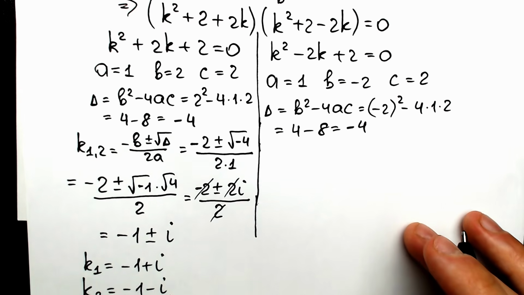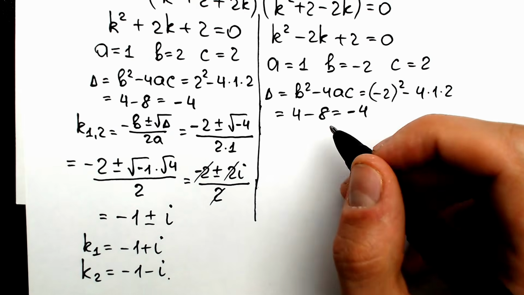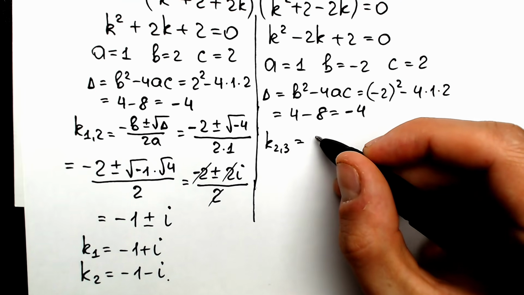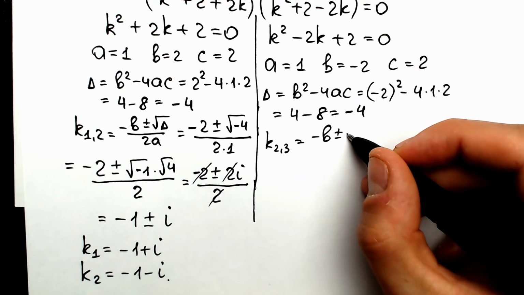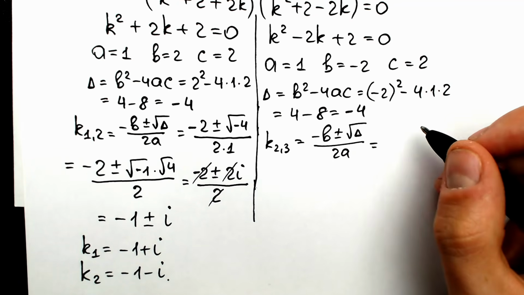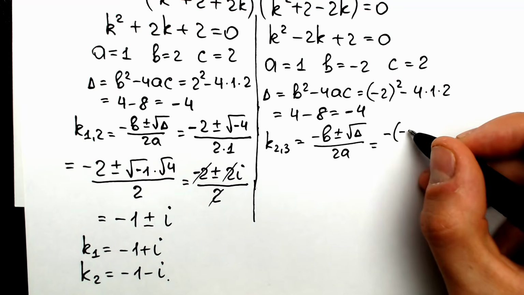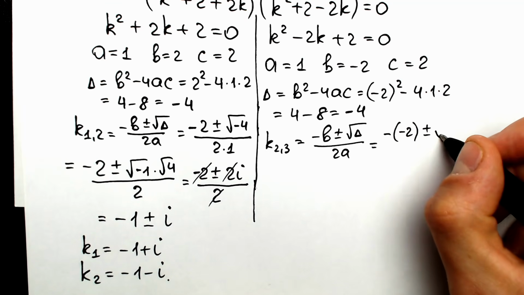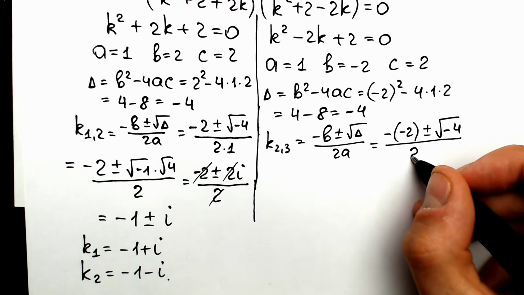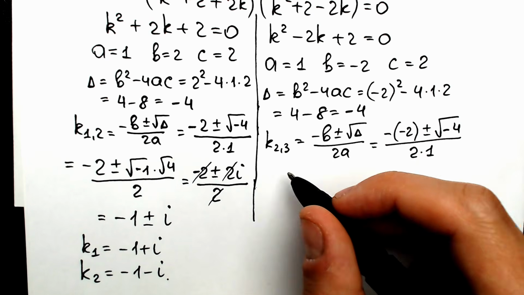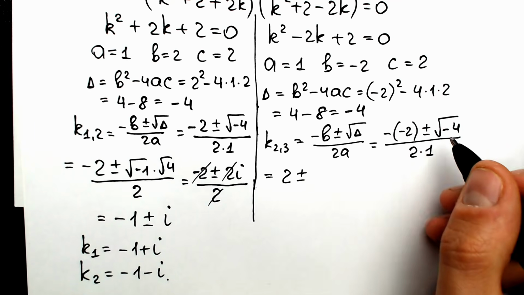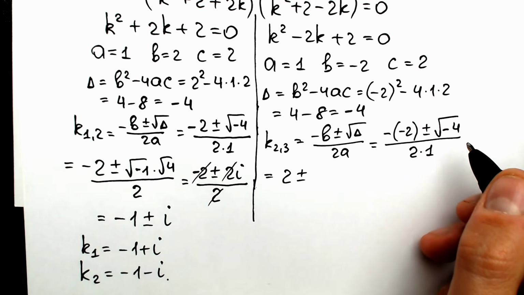So we exactly have two complex roots, so we have k third and k fourth equal to minus b plus minus the square root of the discriminant, all over 2a. So we have minus b, minus minus 2, plus minus the square root of minus 4, all over 2 times 1, equal to 2 plus minus, and the same thing with this square root of minus 4.